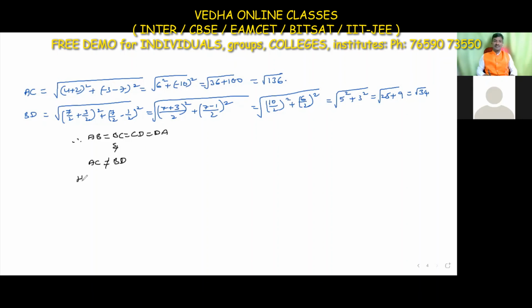Hence the given vertices form a rhombus. Understood? Yes. Okay.